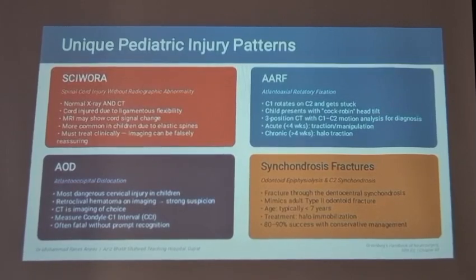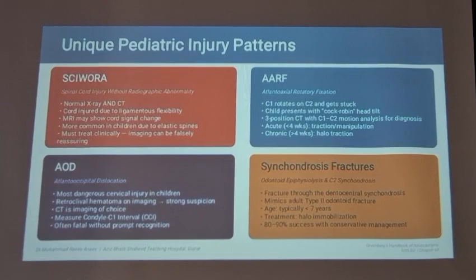Then we come to the third injury, atlantoaxial rotatory fixation, in which C1 rotates on C2 and gets stuck. The child presents with a cock-robin head tilt. A 3-position CT with C1-C2 motion analysis is very important for diagnosis, because on that CT we can see the rotation of C1 on C2.